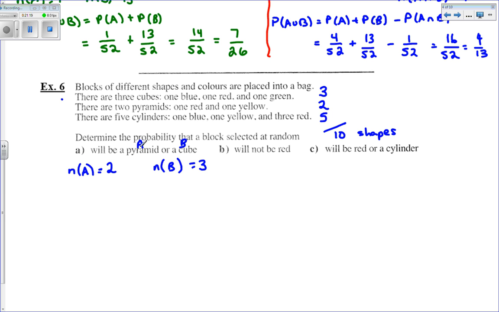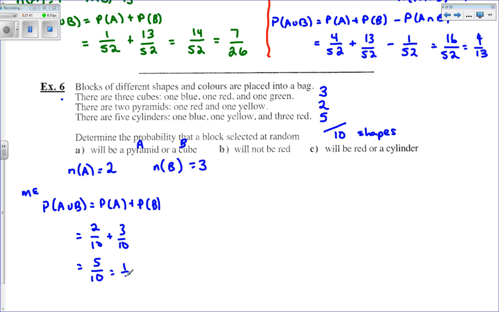And you can't have a pyramid that's a cube. So these are mutually exclusive. So the probability of A or B is equal to the probability of A plus the probability of B, which is 2 out of 10 plus 3 out of 10, which gives you 5 out of 10 or 1 out of 2.